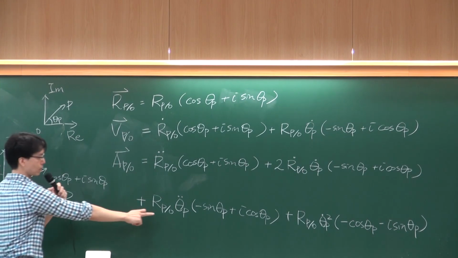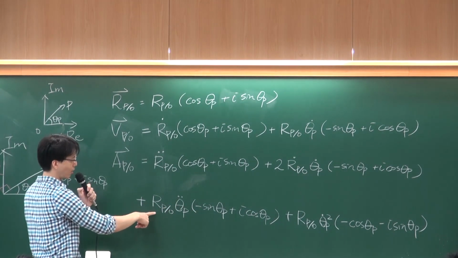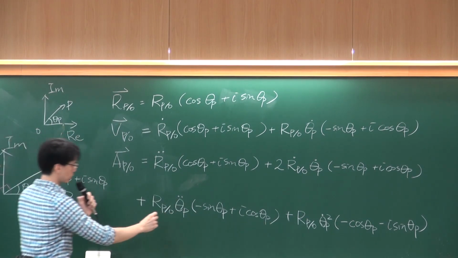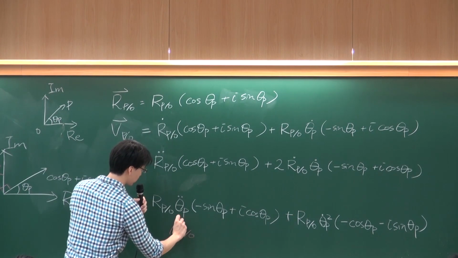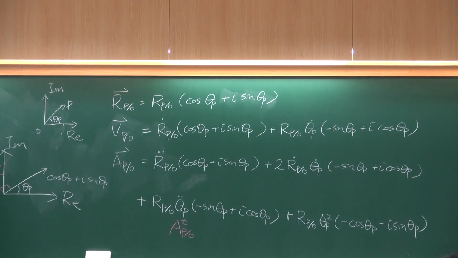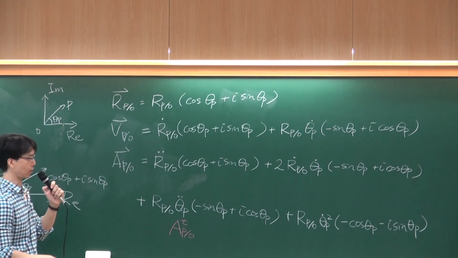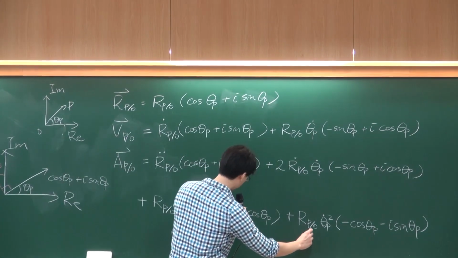So the theta p double dot is alpha, and we have this alpha r and the direction. This one is the tangent component we used before. And we have another component, the centripetal or the normal component. It's related to omega square, so this one is omega square r.